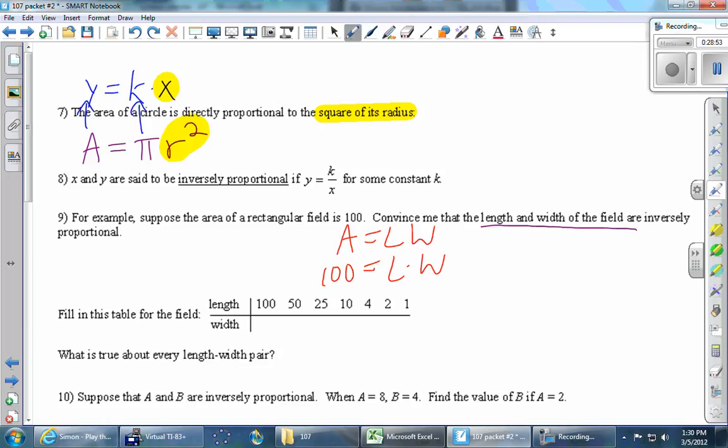So let's go ahead and solve for L. How do you solve for L? Divide both sides by W. Solving that equation for L, I'll write it the other way. L is 100 over W, compared to y equals k over x. You see it?